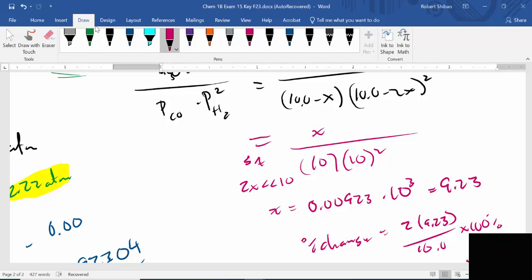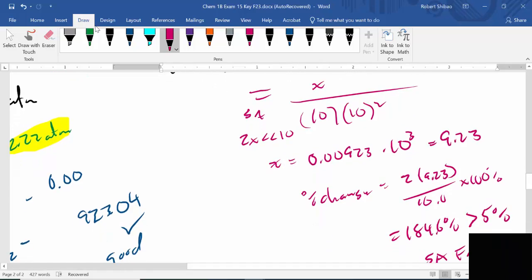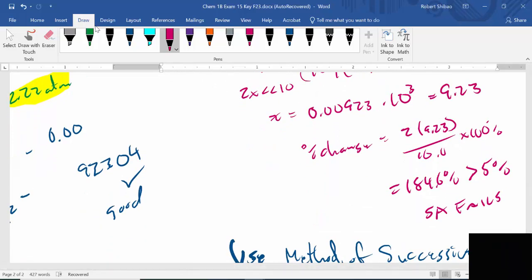But anyway, the percent change is going to be the change, 2x, over the initial 10 times 100. It gives us 185% change. 185% change is too big. And so the assumption fails.